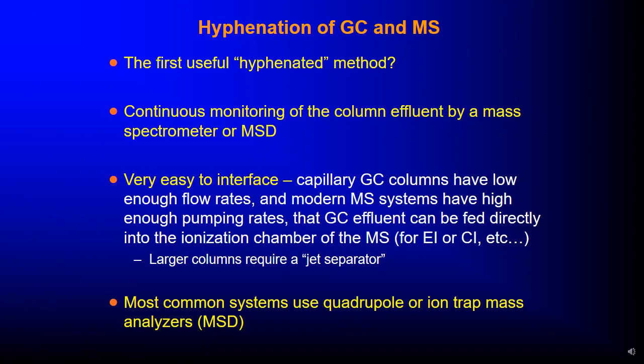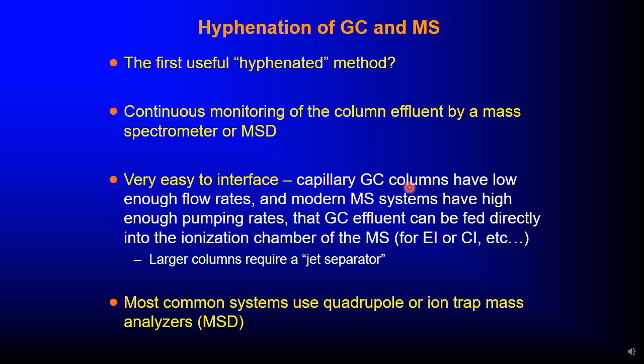Then hyphenation of gas chromatography and mass spectrometry. The first useful hyphenated method, continuous monitoring of the column effluent by a mass spectrometer. This is so important and very convenient because the gas chromatography does the separation and the detection is done with the mass spectrometry detector. So it is very easy to interface.